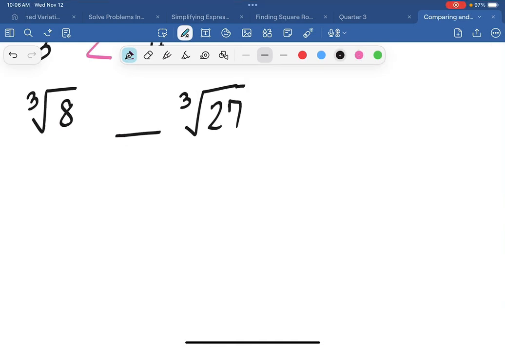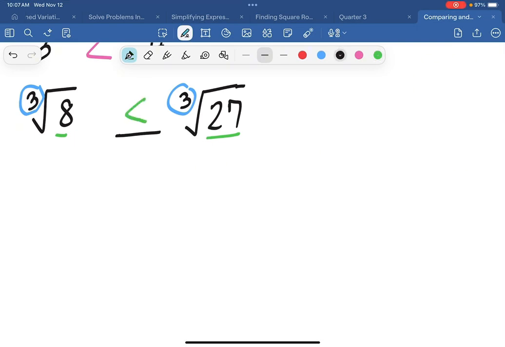Next example, we have the cube root of 8 and the cube root of 27. The numbers here are 8 and 27, and they have the same nth root. So with or without the number line and evaluating this, the cube root of 27 is greater, which means the cube root of 8 is less than the cube root of 27.